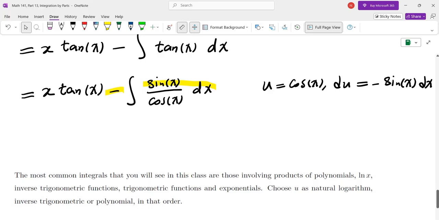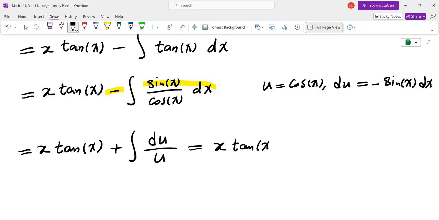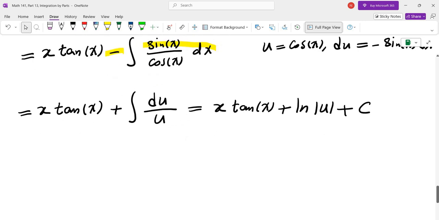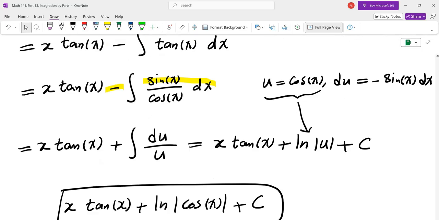So this is going to be equal to x tan of x minus or plus the integral of du over u, which is x tan of x plus natural log of the absolute value of u plus c. So plugging that back in, we get x tan of x plus natural log of the absolute value of cosine of x plus c. So that is our final answer.